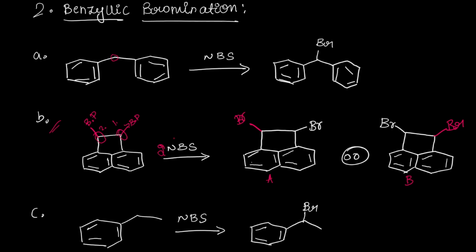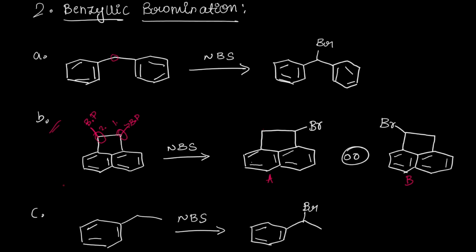When two equivalents are given, there's simultaneous addition of the bromine radical by abstraction of a hydrogen, whereas when only one equivalent is given, the bromine radical can attack either position 1 or position 2, that is A and B.